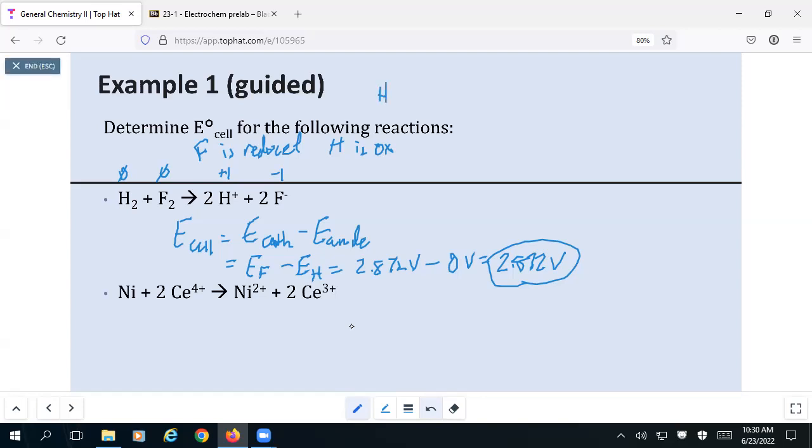is there a half reaction in our table that looks kind of like this? It's got hydrogen in it. I can look and, okay, the half reaction looks like this. It's 2H plus and 2 electrons make hydrogen.